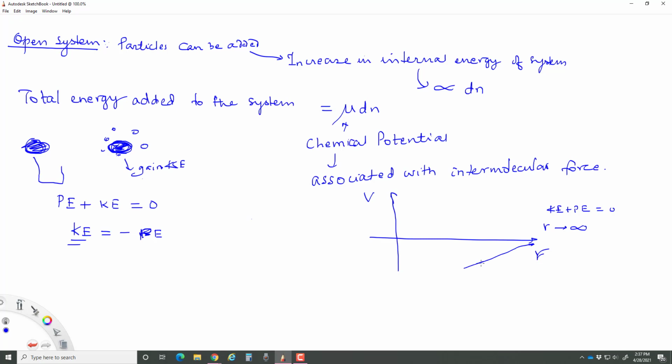Initially there is attraction, up to a certain point, r equal to r naught, and after that there is a strong repulsion. Again, this kinetic energy is added to the internal energy of the system.